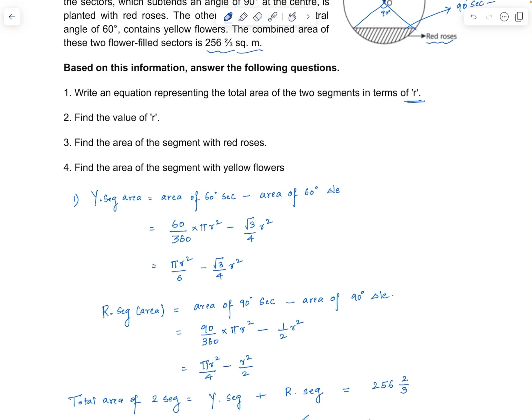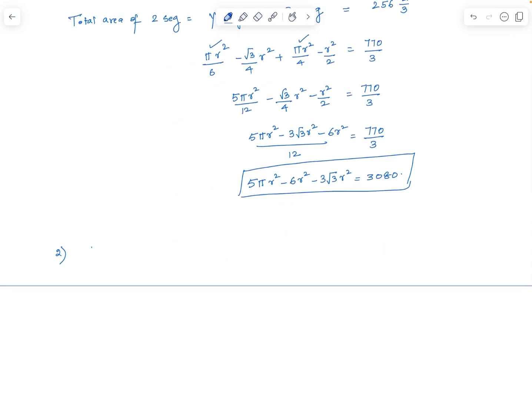Question 2. Find the value of r. 5 pi r square minus 6 r square minus 3 root 3 r square is equal to 3080.